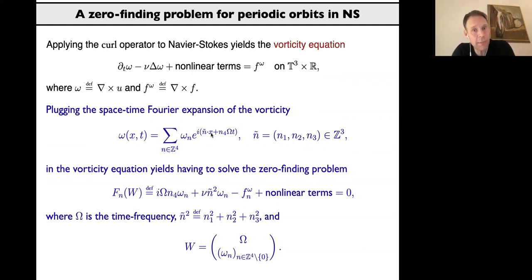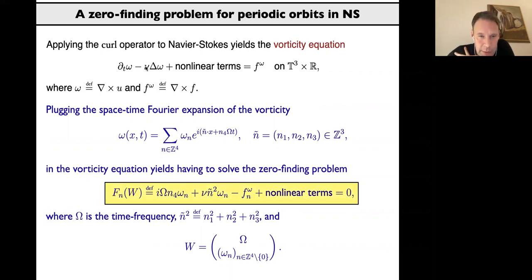So we plug that space-time Fourier expansion in the vorticity equation, and that results in having to solve infinitely many nonlinear equations defined by Fn. Here, instead of x, it's omega, not the unknowns, W, sorry. Once I plug the vorticity in the vorticity equation in Fourier, that's the term corresponding to the time derivative, which has i n4 omega, and the corresponding linear term in Fourier for the diffusion is this one, and that's the Fourier coefficient of the external forcing term.